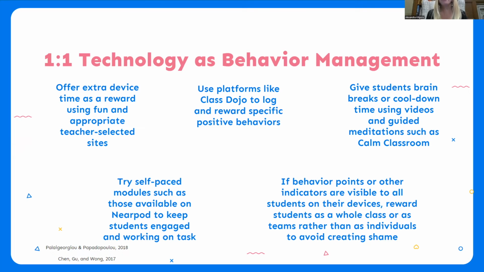And platforms like ClassDojo facilitate that in a digital way by allowing teachers to really quickly log and reward specific positive behaviors. The only caveat with that is that if behavior points or other indicators are visible to all students on their devices, the teacher should take steps to reward students as a whole class or as teams rather than as individuals, so you don't create a shameful environment.